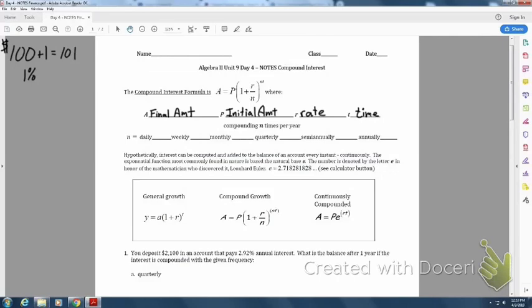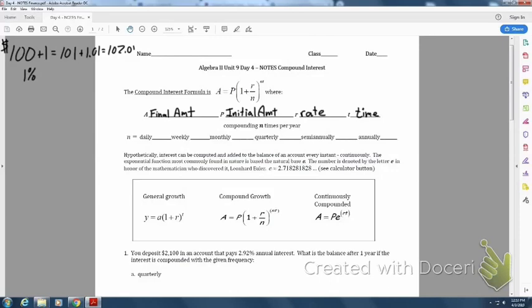And then if the next time it was compounded, 1% of $101 is $1.01, you would add 1.01 and your new balance would be 102.01.